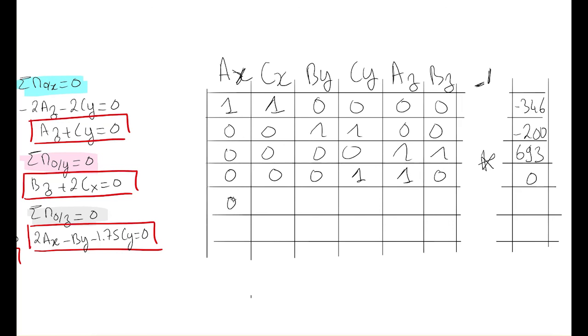Then 2 CX, 0, 0, 1, equal to 0 for this one. And here we have 2 AX, minus 1 BY, and minus 1.75 CY, and everything else is 0. So now you need to take your calculator and create your big matrix.